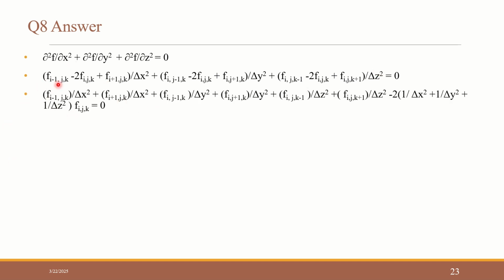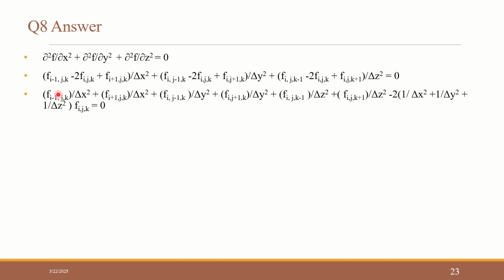When we take these terms separately, we have f at i minus 1 comma j comma k divided by delta x square plus f at i plus 1 comma j comma k divided by delta x square plus f at i comma j minus 1 comma k divided by delta y square plus f at i comma j plus 1 comma k divided by delta y square plus f at i comma j comma k minus 1 divided by delta z square plus f at i comma j comma k plus 1 divided by delta z square, minus 2 times 1 by delta x square plus 1 by delta y square plus 1 by delta z square at f at i comma j comma k.